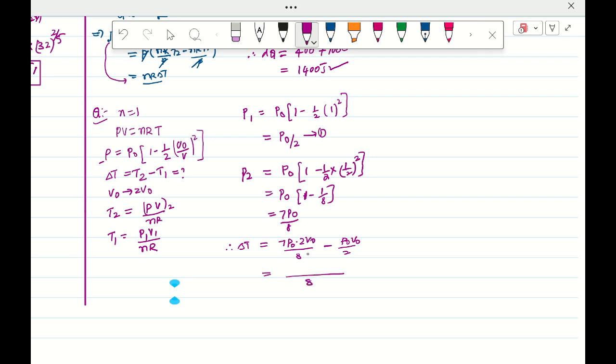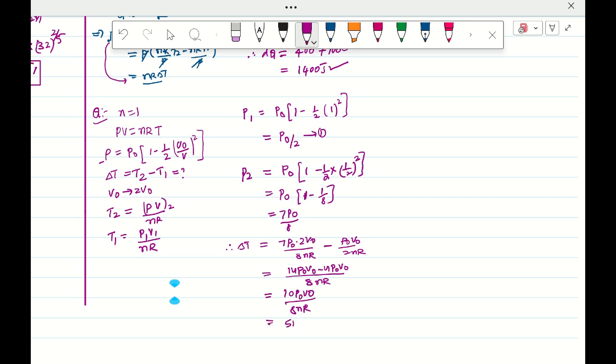Now the LCM will come: 8 nR is the LCM. Therefore, 14 P naught V naught minus 4 P naught V naught, that is equal to 10 P naught V naught by 8nR.